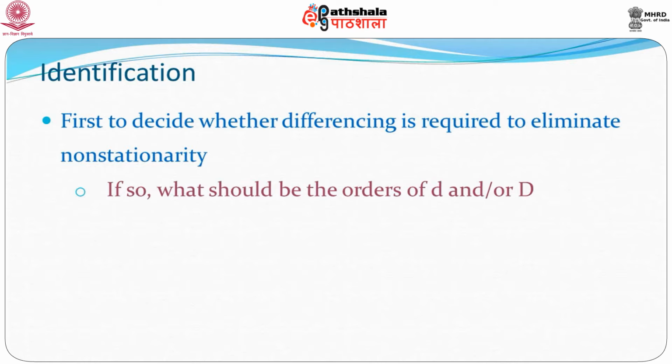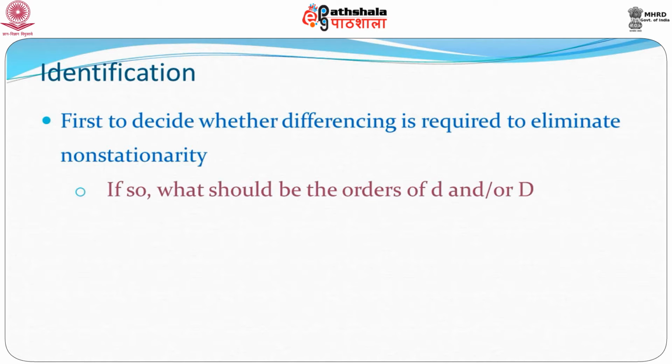So, how many differencing is required to remove trend? That would decide what small d is like. Capital D is the differencing order for the seasonality. So, again, how many differencing we would require to remove seasonality, that needs to be decided on.